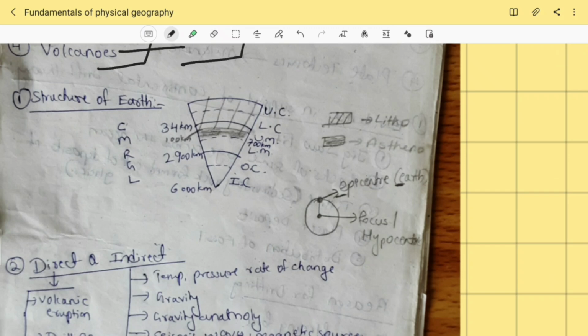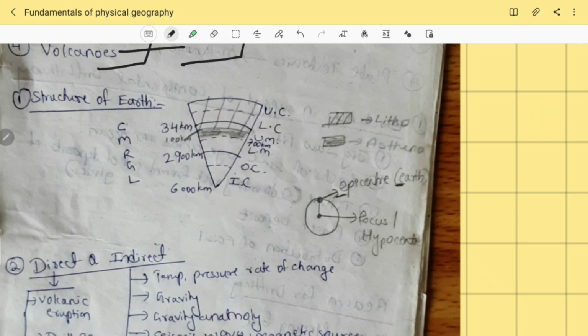The innermost layer is known as the core, the next layer is known as the mantle, and the uppermost layer on which we live is known as the crust. I hope this is clear to everyone, right?